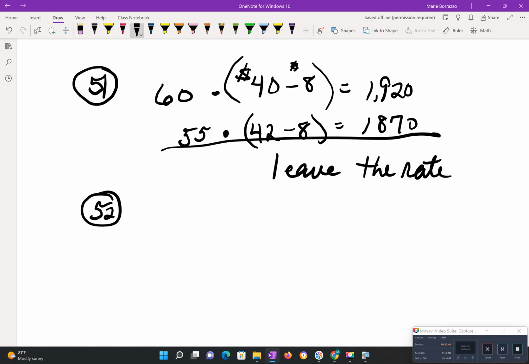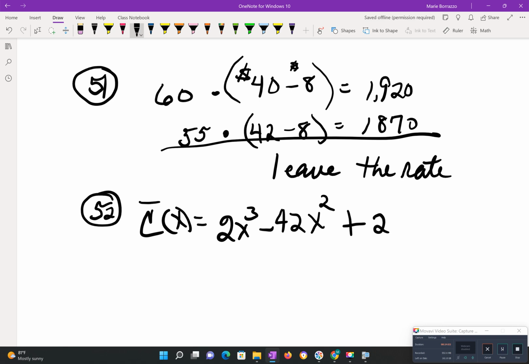It looks like average cost is 2x to the third minus 42x to the second plus 288 plus 12. And they're looking at this from the interval between x is 1 to x is 5.